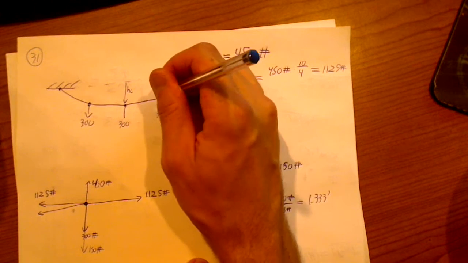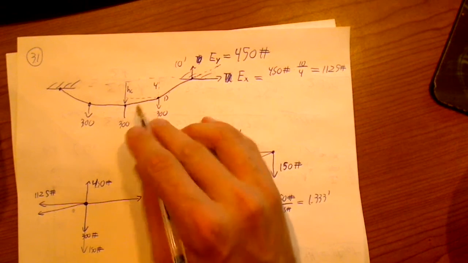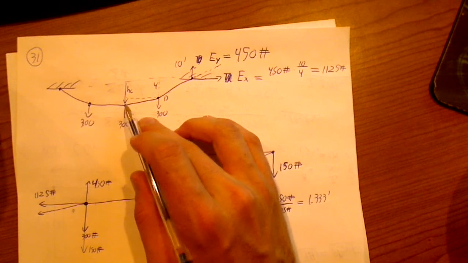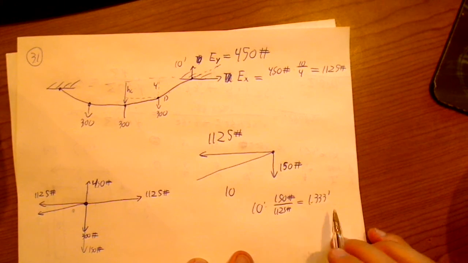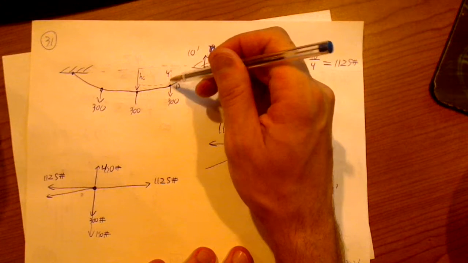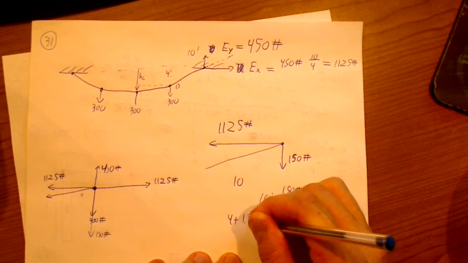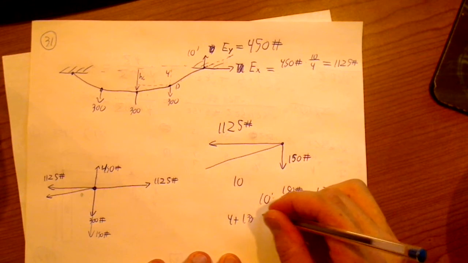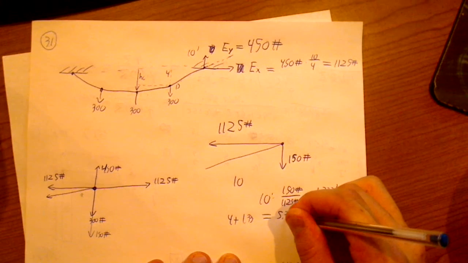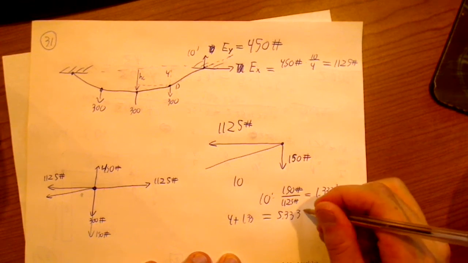So that means that in the little section right here, it goes 10 feet over and then down 1.33 repeating feet. So we know that this was 4. To find HC, we do 4 plus 1.333, so on. We get 5.333 feet.